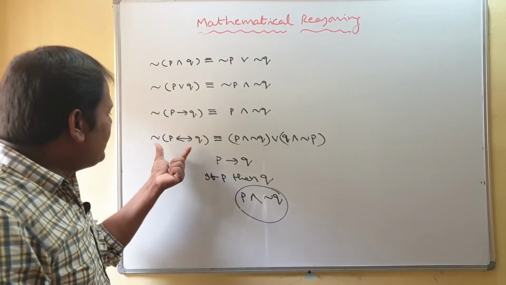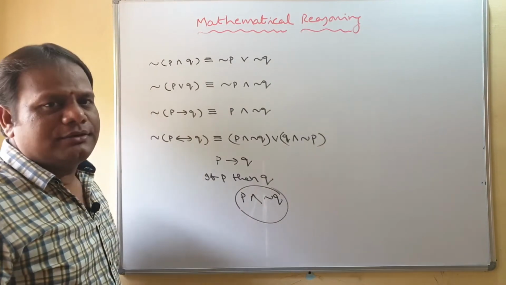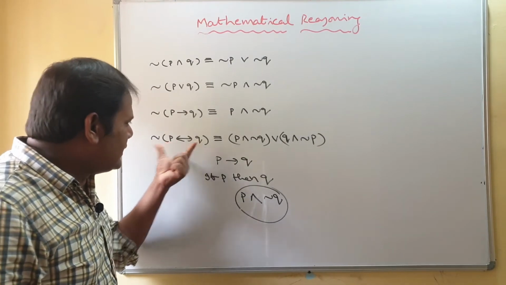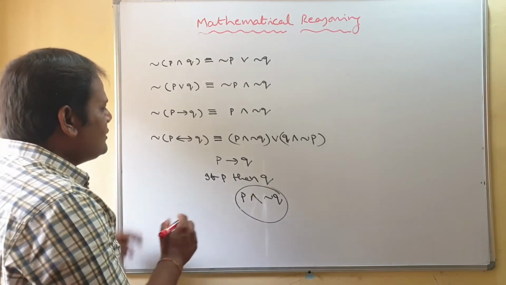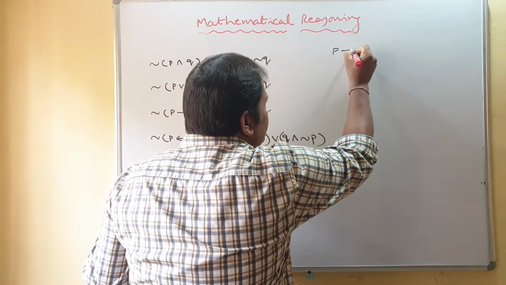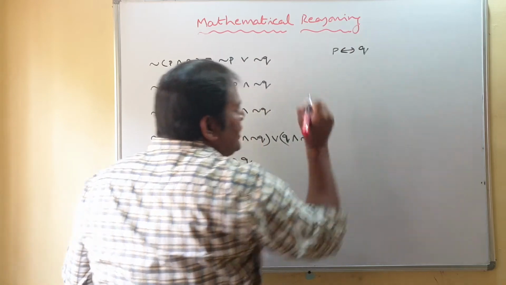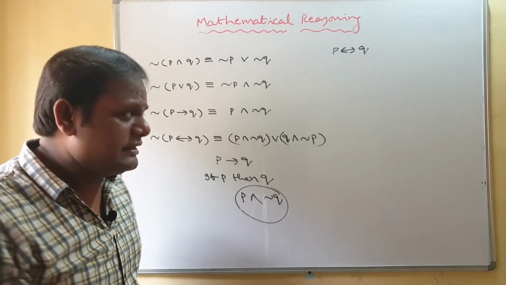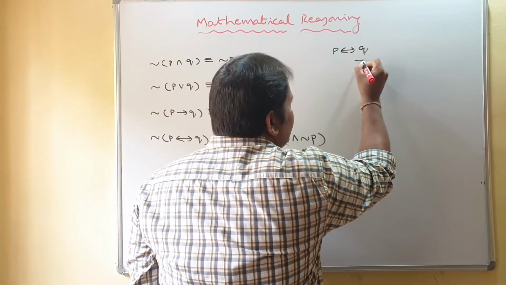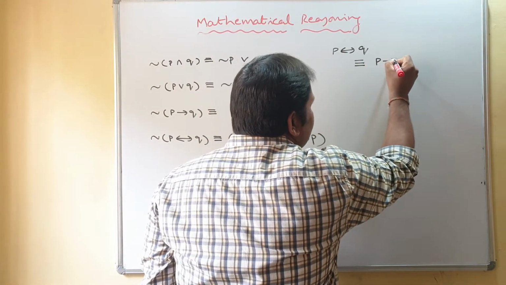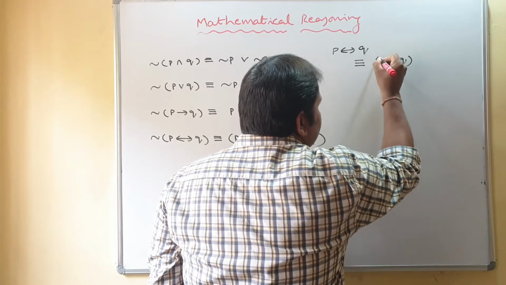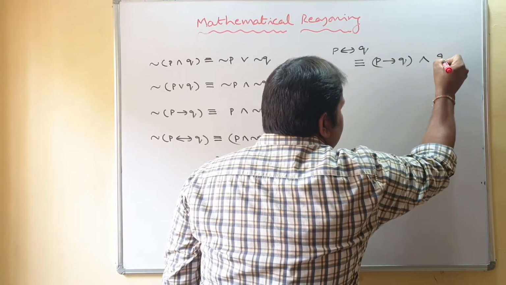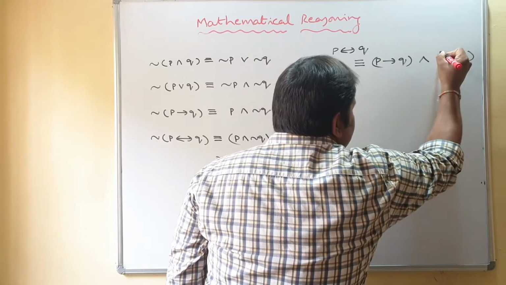Okay. Coming to biconditional. So here P implied by implies Q, P biconditional Q, is it? See, we know that it is equivalent to P then Q and Q then P, is it?